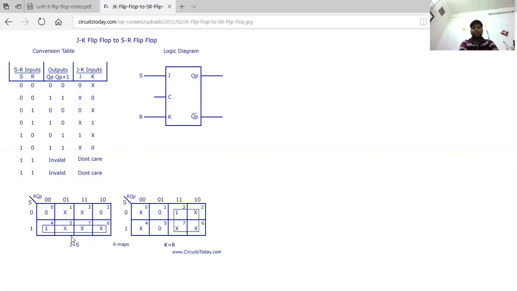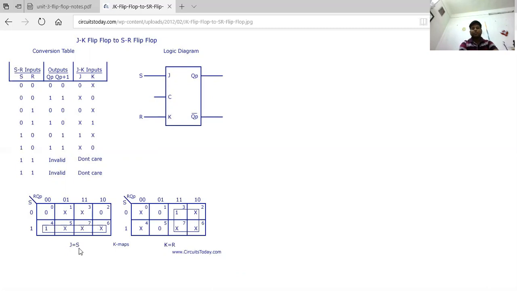Because the cross values are don't care conditions, we have to use them in this section. In the previous K-map solutions we ignored them, but in this flip-flop conversion we have to treat them, forming pairs or quads.